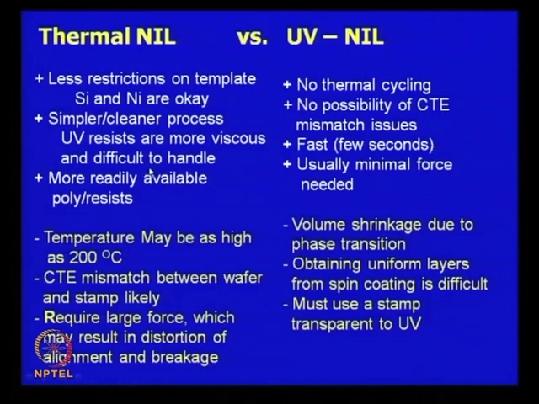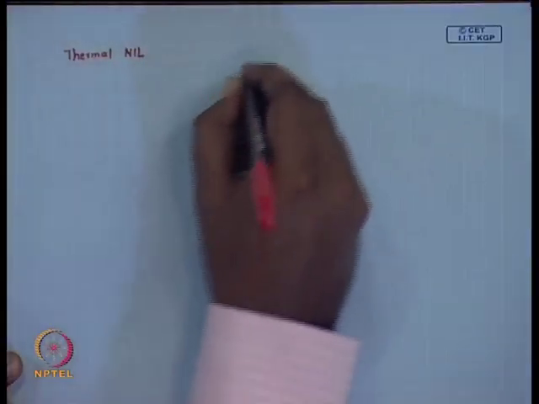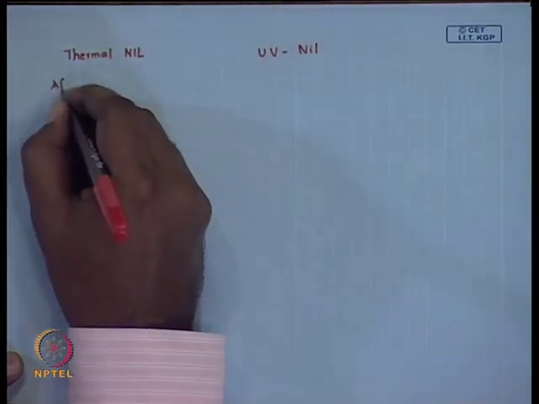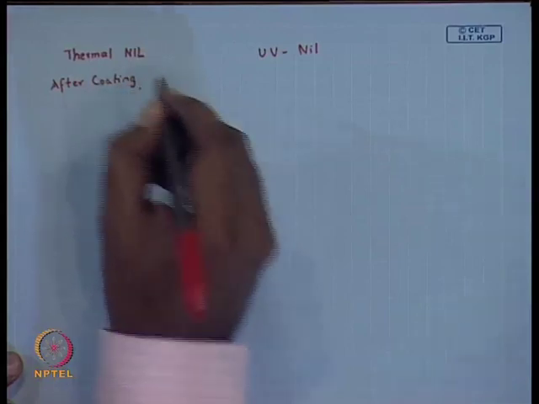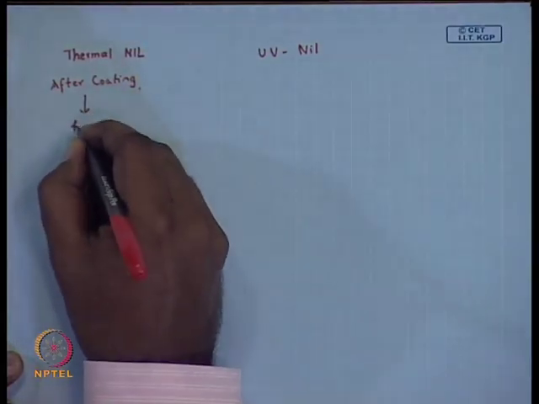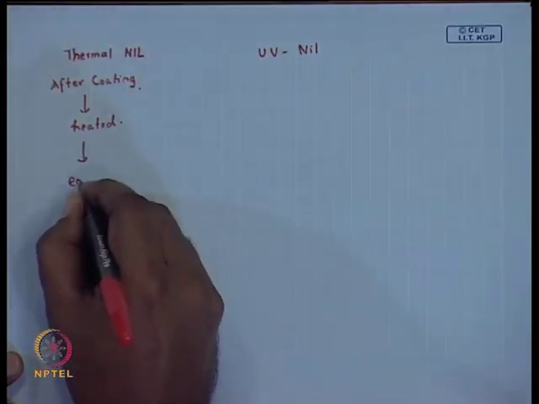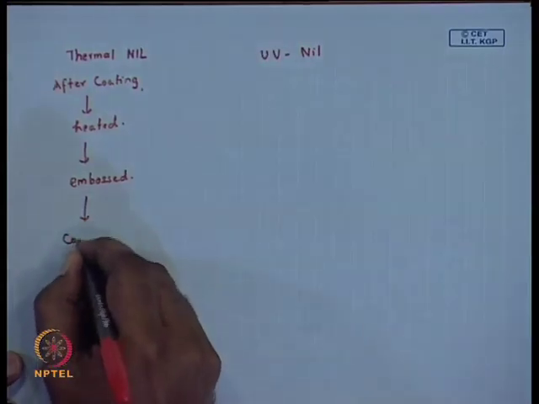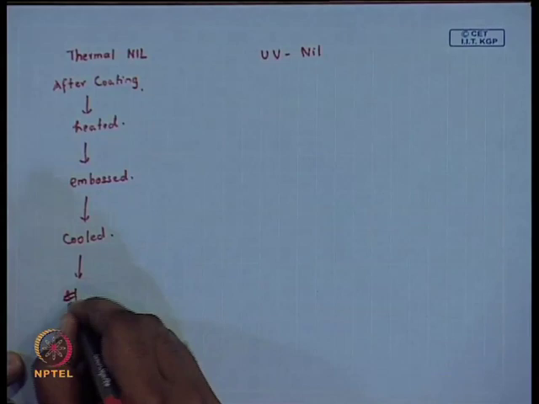Here, after coating the film, it has to be heated, then embossed, then cooled, then stamp or mold removal.